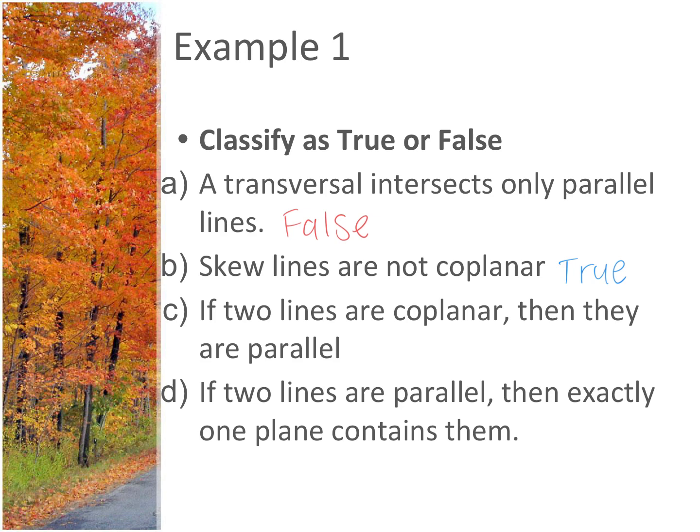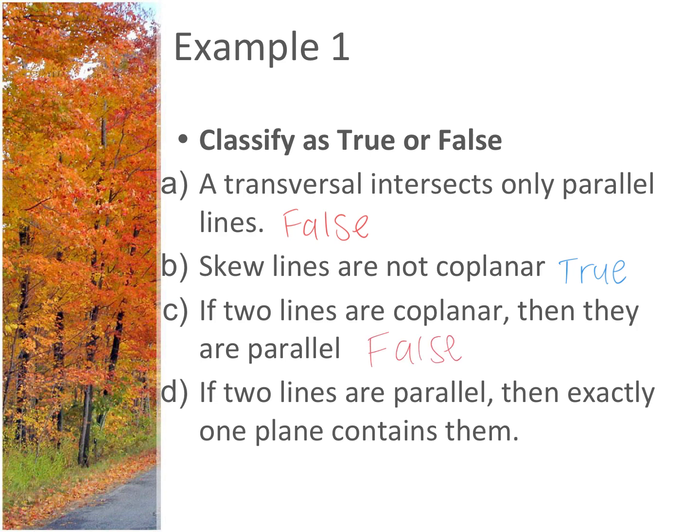C, if 2 lines are coplanar, then they are parallel. It could be true, but is it true for all 2 lines that are coplanar? No. It's false.